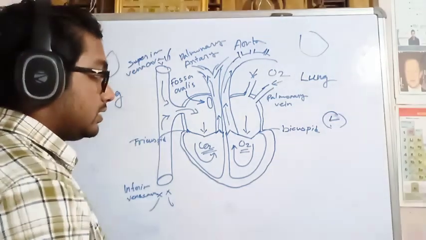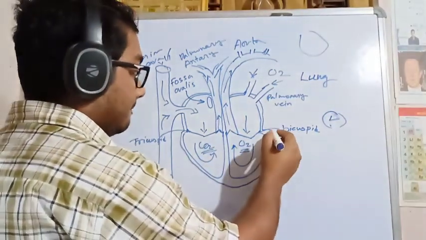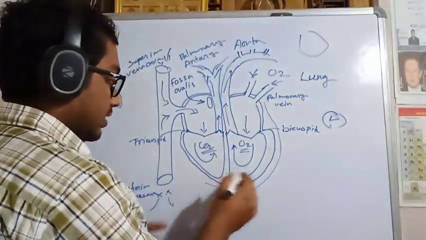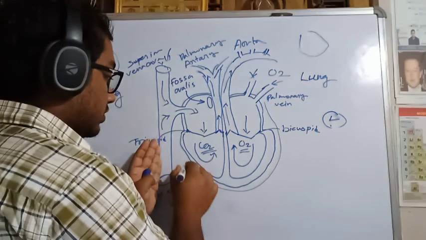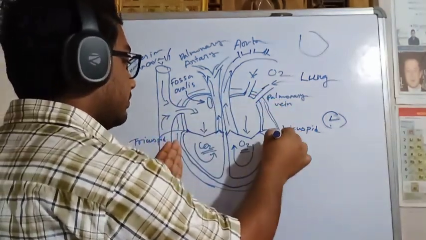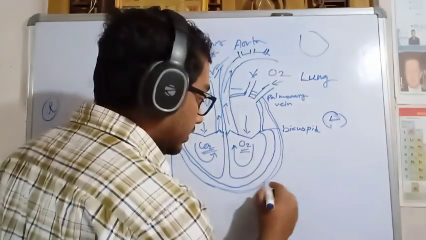And one more thing. The walls of the heart are surrounded by a membrane called the pericardial membrane.